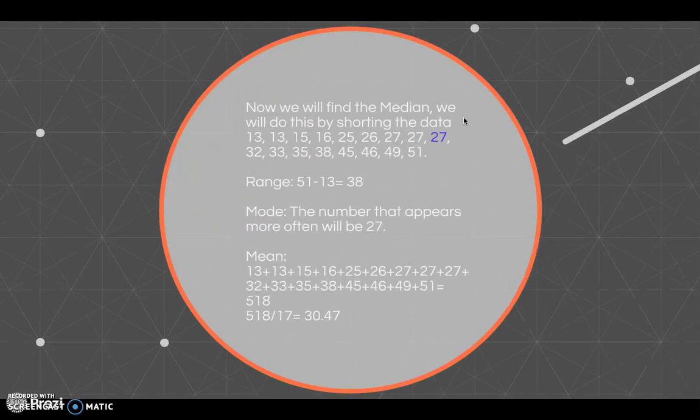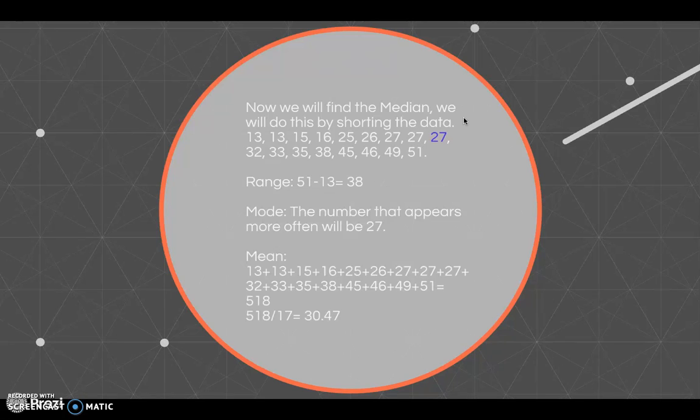Now we'll find the median. We will do this by sorting the data. The middle number will be 27, and we could count this by finding the middle number. And the range, we'll just subtract 13 from 51 since that's the difference, and that will be 38.